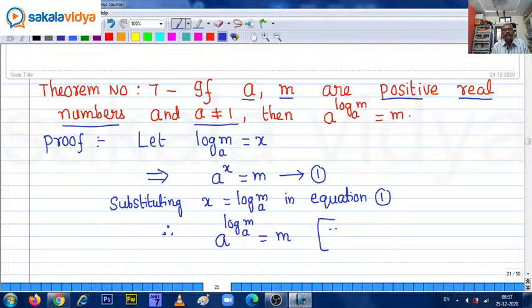So this is called the logarithmic identity.